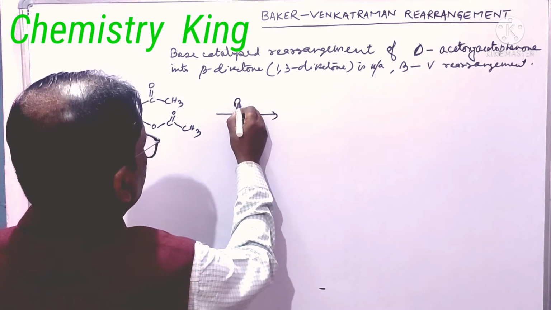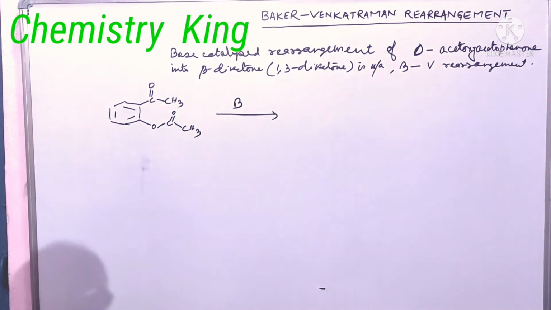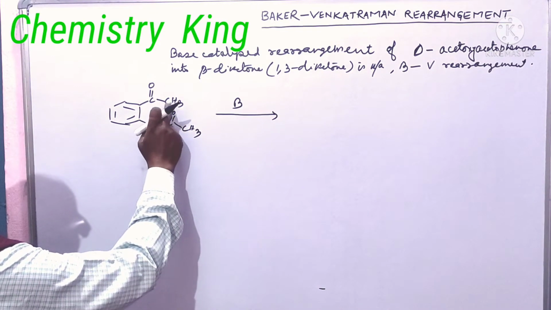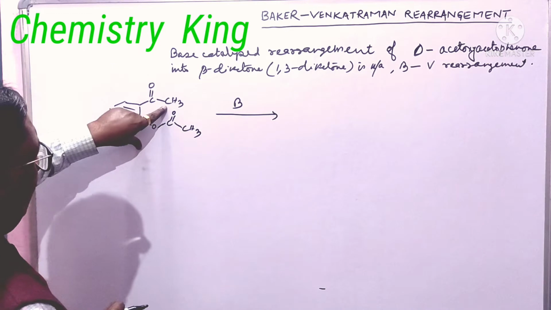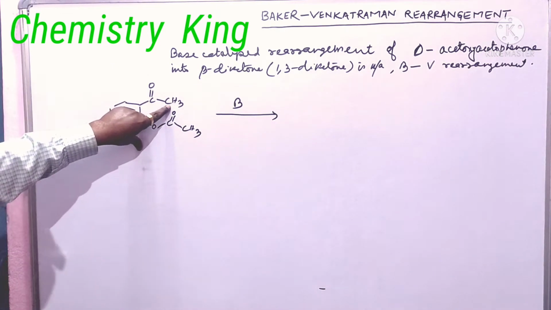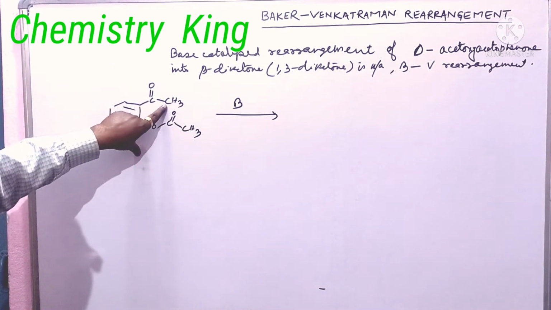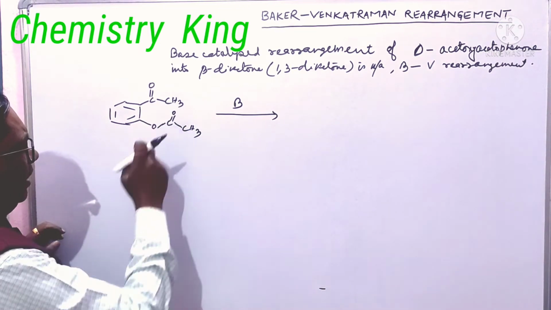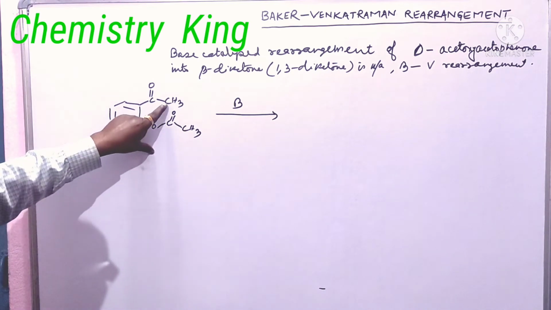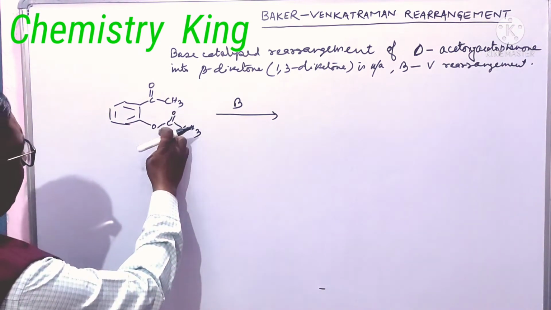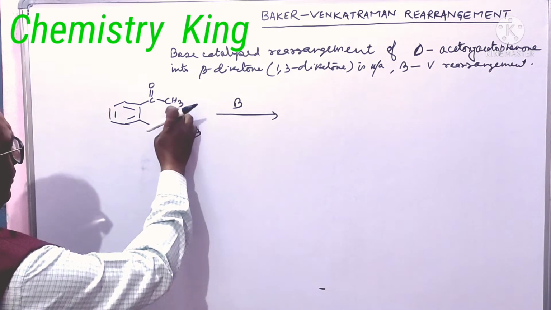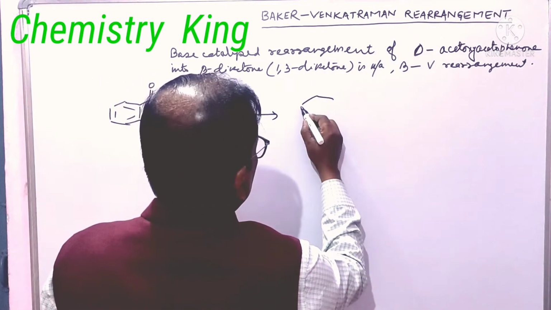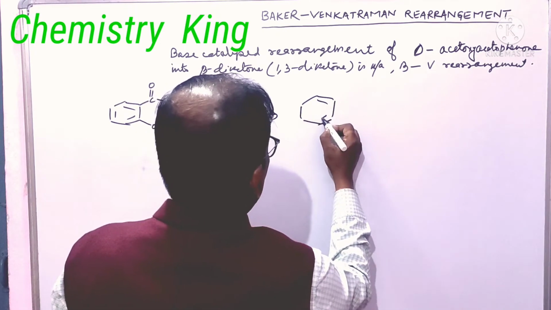And it is base. Then what will happen? It is alpha hydrogen. So hydrogen will be abstracted by base leading to carbanion, and that carbanion will attack at this carbonyl carbon. Means this part finally will come here. This is the rearrangement.